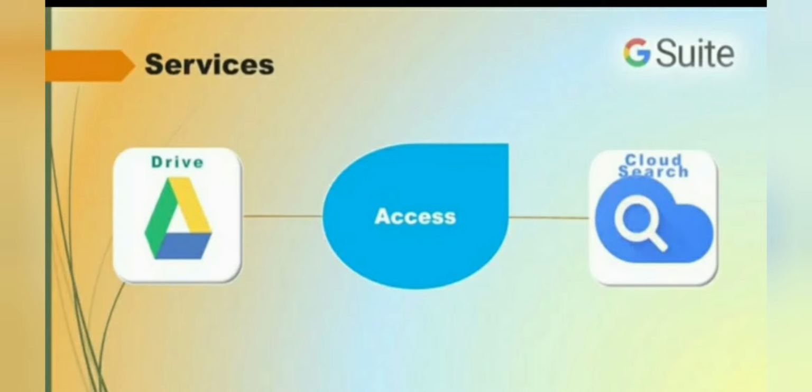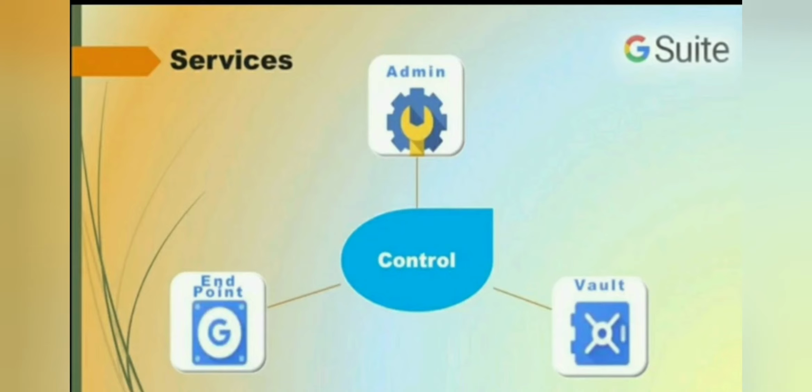Okay, then connect, for connecting all those things we are using Gmail, Google Meet, Calendar, Google Currents and Chat. Okay, then control, under the control service there are three sub modules available, that is admin, endpoints and vault. These are all the main features available under Gsuite.